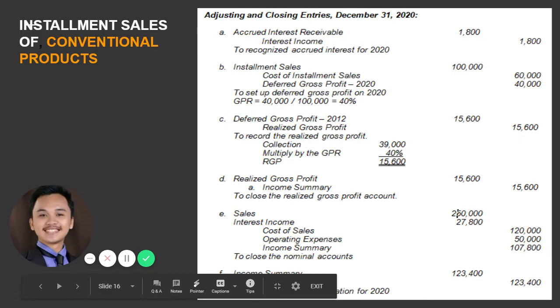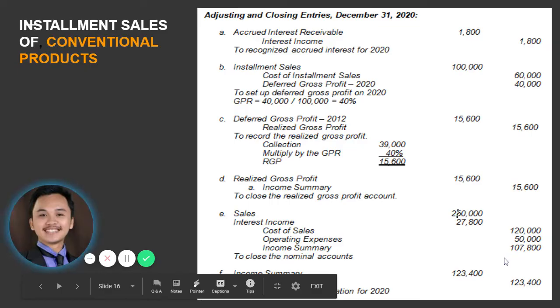And then, close your cost of sales for regular na account, 120,000. And then close also our operating expenses. So, since normal balance aning operating expenses is debit, so pag close nato, we will credit it for 50,000. So, that means we have a balancing figure of 107,800.